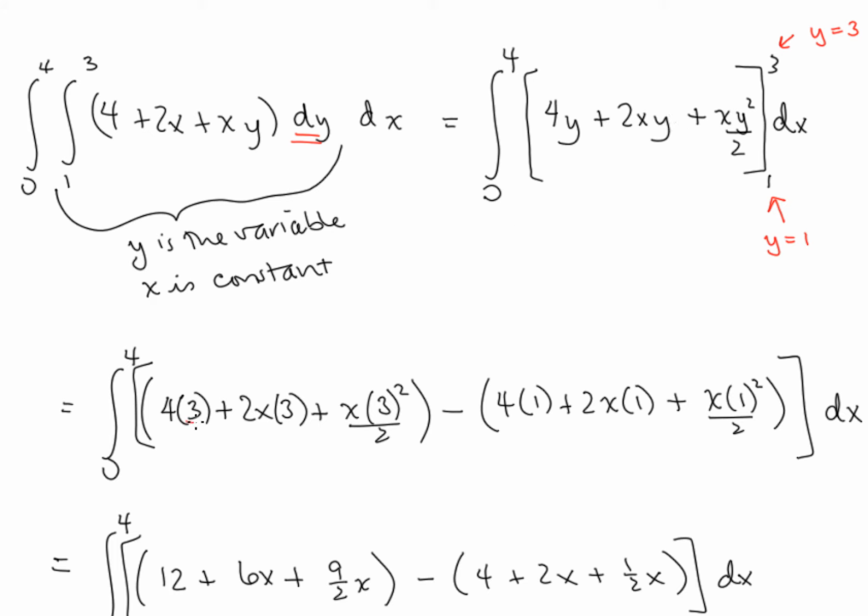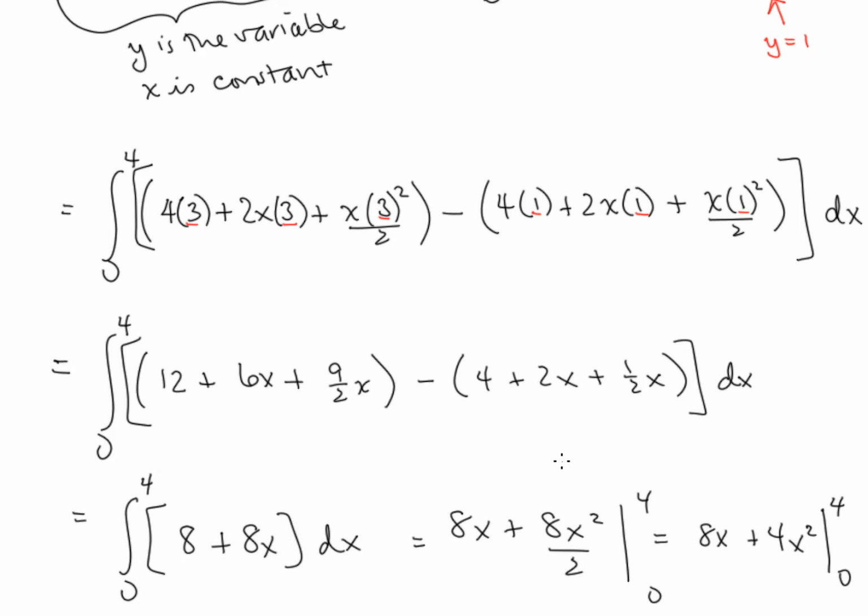So we have a 3 here and a 1 here as we make our computation. And once we finish all of that simplifying, then we're going to integrate that result with respect to x and use the proper bounds for x. So take a minute and look over my computations here. Make sure you agree.